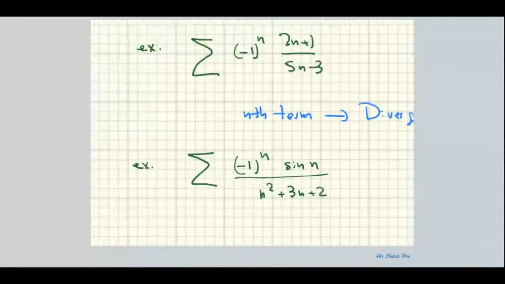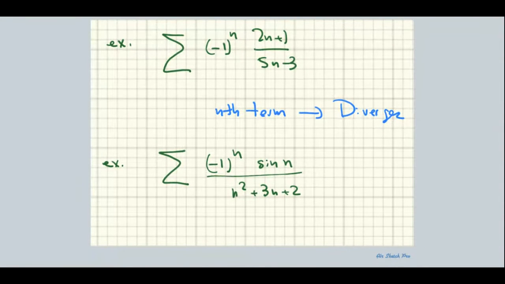So here now we've got a last example, right? And my question is, what happens with this one, guys? Yeah, we do the nth term test first. And does the nth term go to 0 on this?